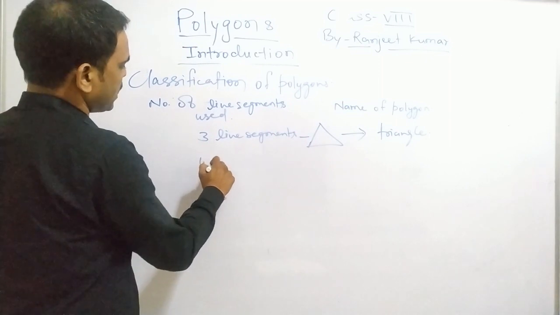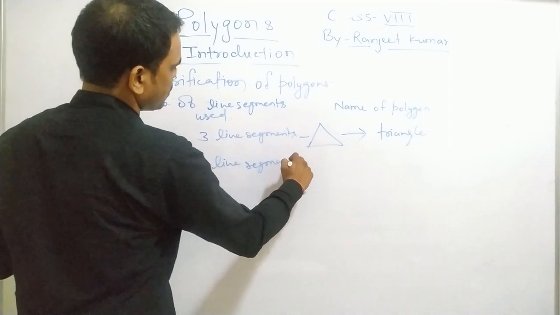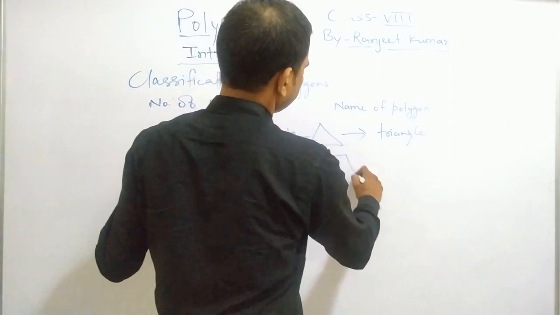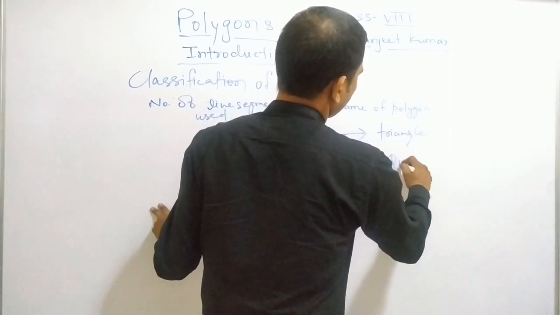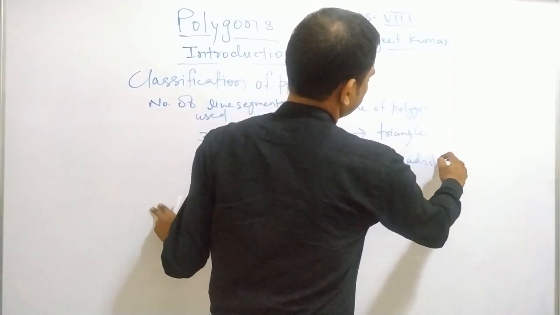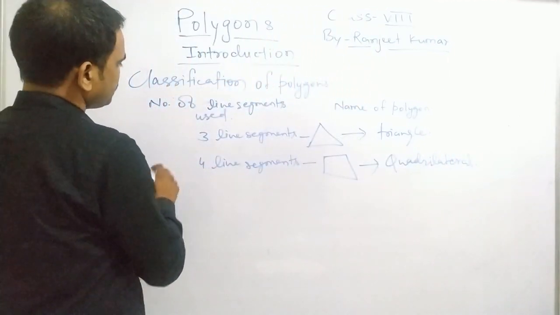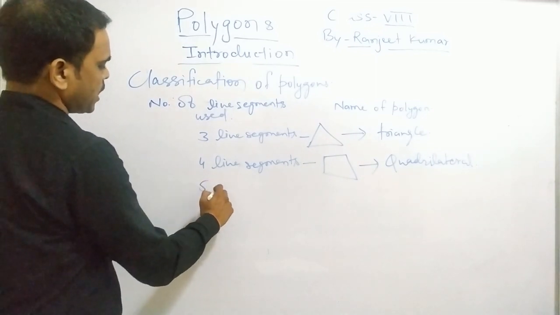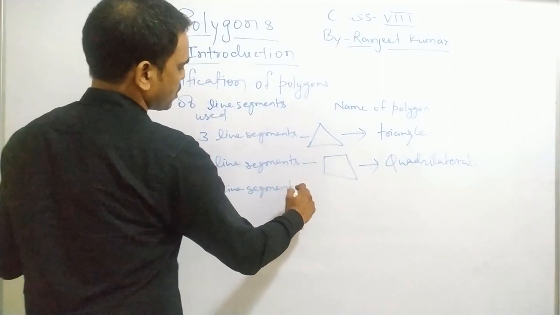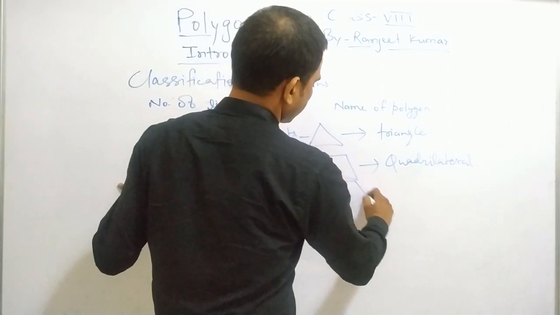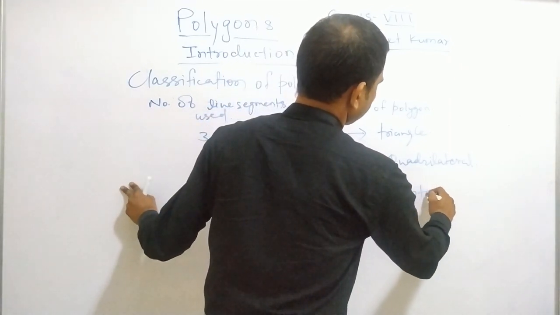By using four line segments, we can make this type of shape, and it is called quadrilateral. Now, five line segments, we can make like this, and we call it pentagon.